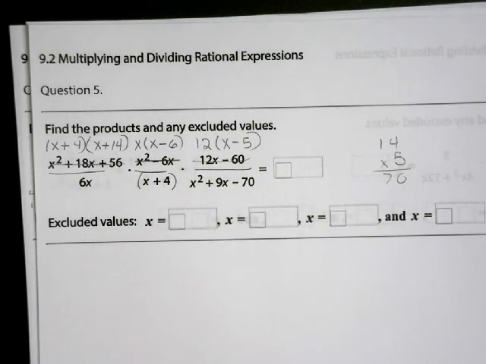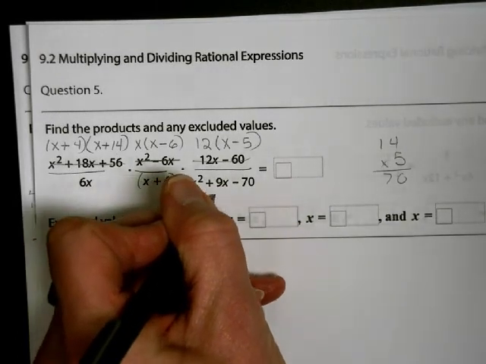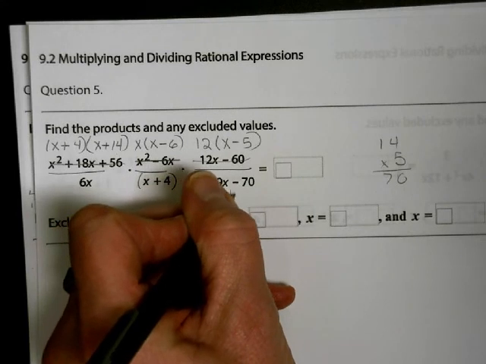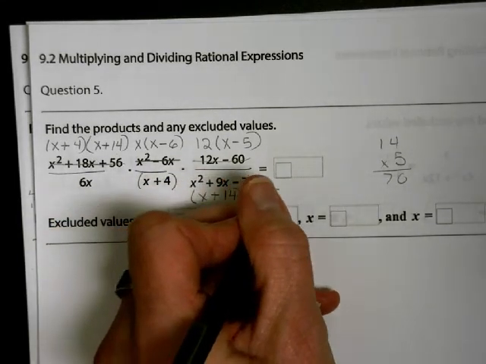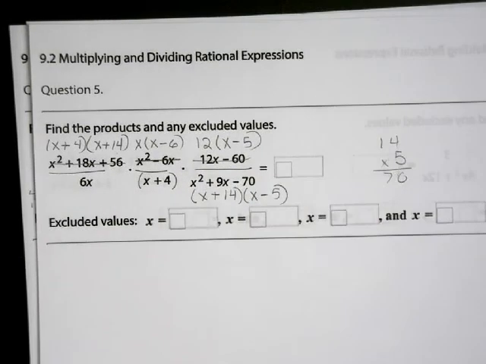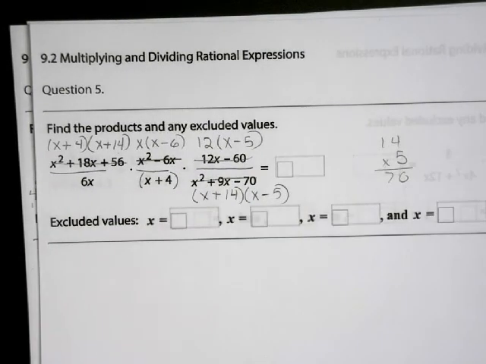How about 5? There we go. 5 and 14. So there we go. 14 has to be plus, because I need a positive 9. Well, that was worth the wrestle, right? It was a fun game.